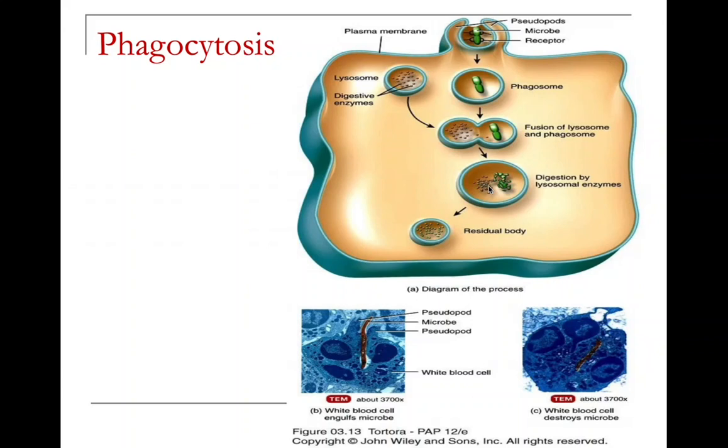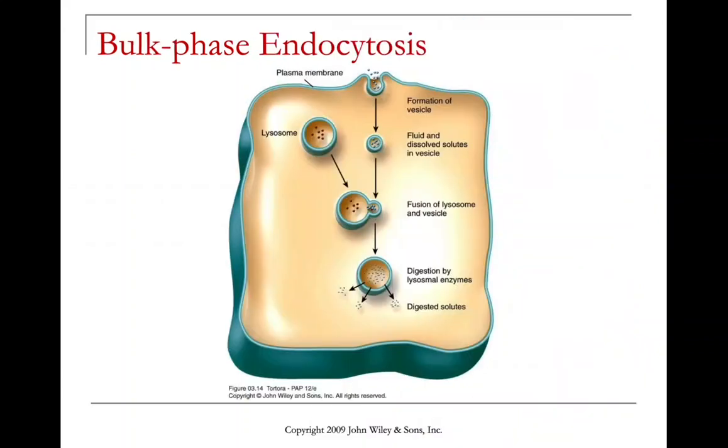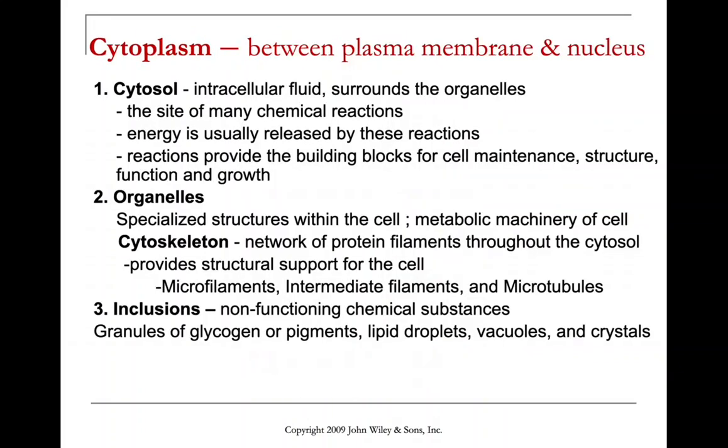This is what white blood cells do. With bulk phase endocytosis, you wait for multiple of these little particles to come in and form the vesicle. Then the lysosome can fuse with it, the lysosomal enzymes are dumped in, and digestion occurs.